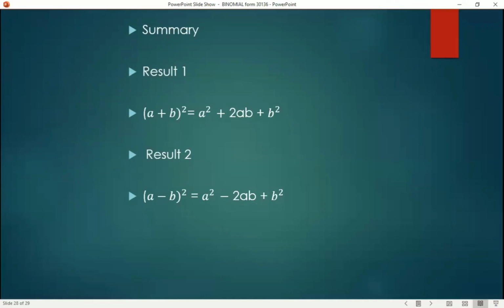And the third result, which we learned today, difference of perfect squares: (a plus b)(a minus b) is a squared minus b squared.